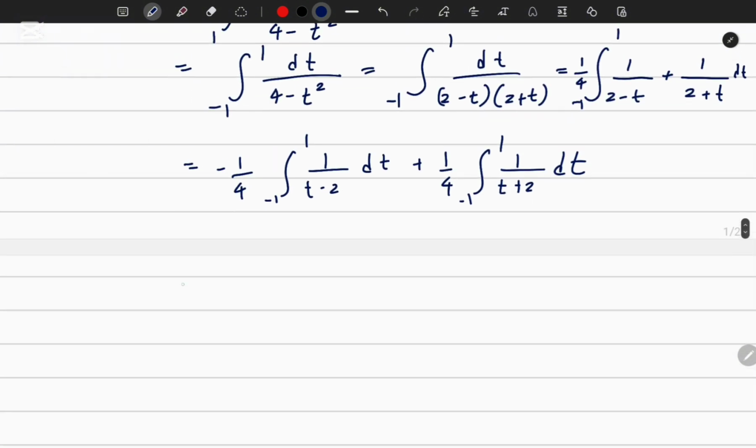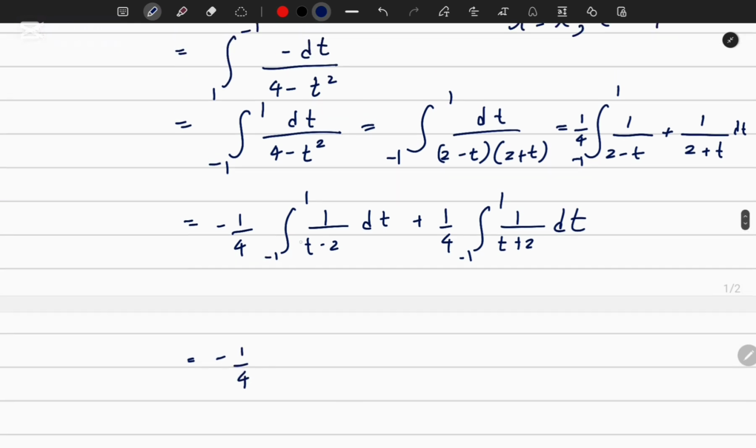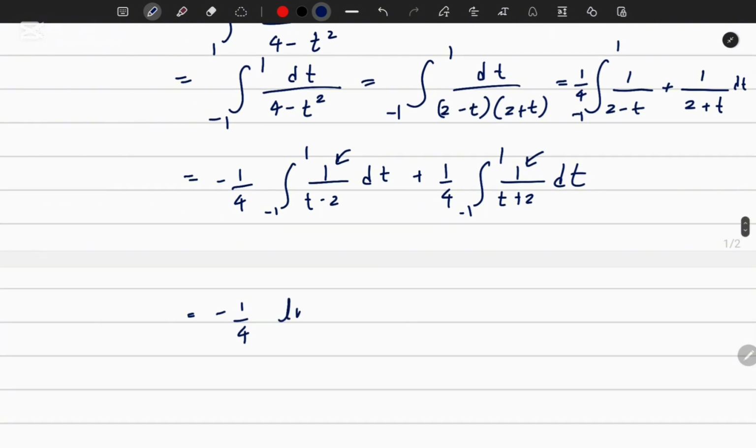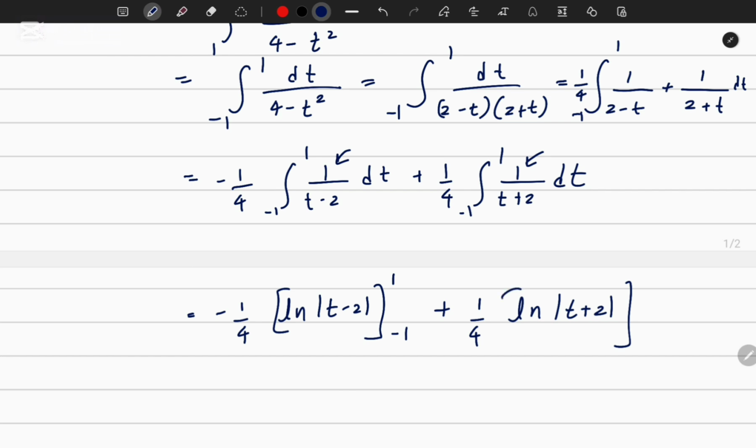So this is minus 1 over 4. Differentiation of this term is 1, right? Differentiation of this term is 1, right? So the answer should be ln|t minus 2|, then the limits, plus 1 over 4 ln|t plus 2|, then the limits, minus 1 to 1.